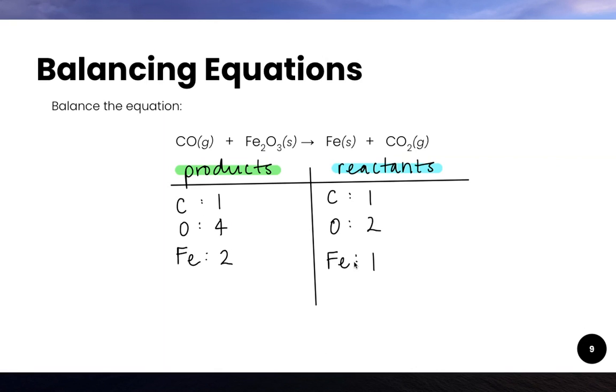Let's start on the reactant side by increasing our number of oxygens. So this will change our carbon to 2 and our oxygen to 4.